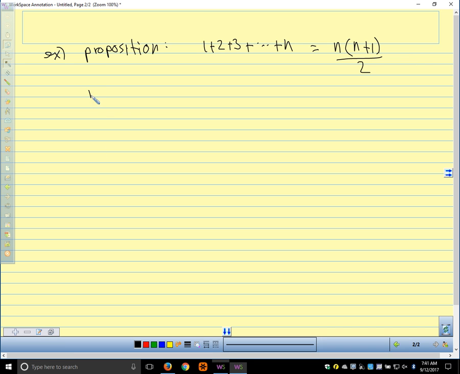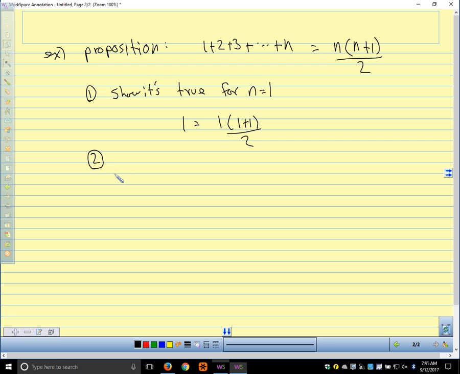So our first step, show it's true for n equals 1. Well, what we're saying is, does 1 equal 1 times 1 plus 1 over 2? Yes. So we're good there.